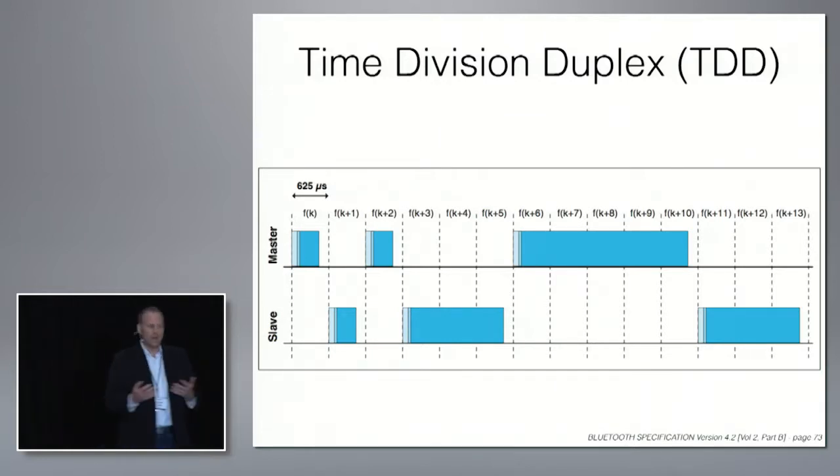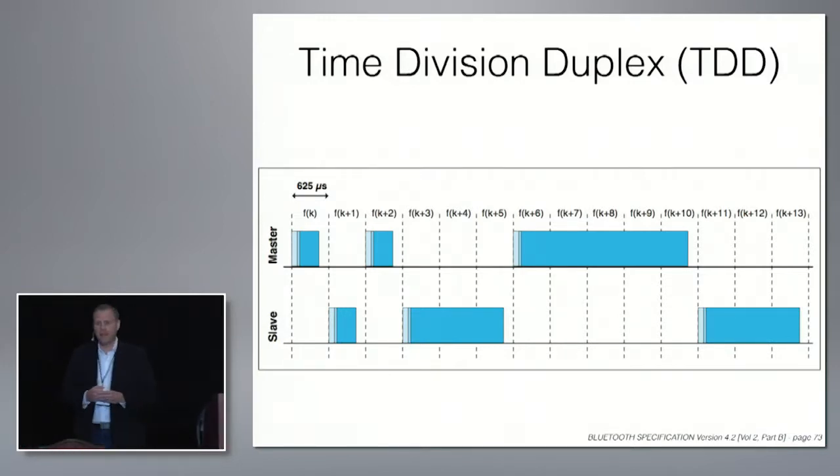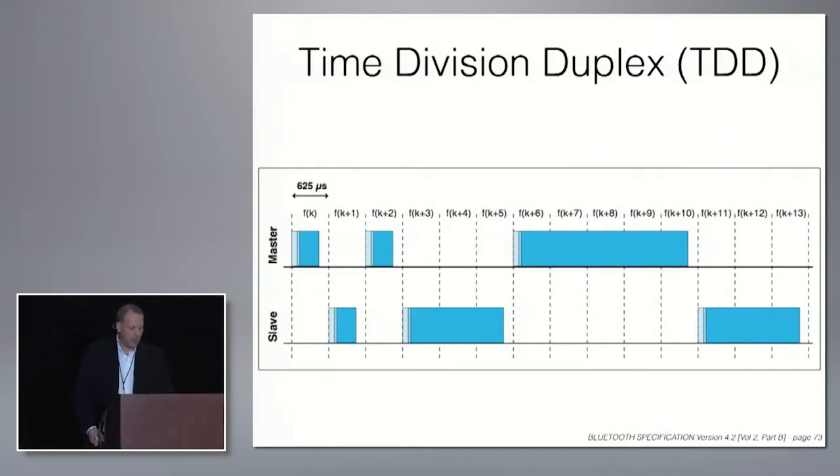What that means is if I'm a slave and I have a 3 time slot packet, I'm going to start to transmit that on the next odd time slot I have available, and the master is going to have to wait until the next available even time slot to be able to transmit back. So that's how that works. Again, masters transmit on even time slots and slaves transmit on odd time slots.